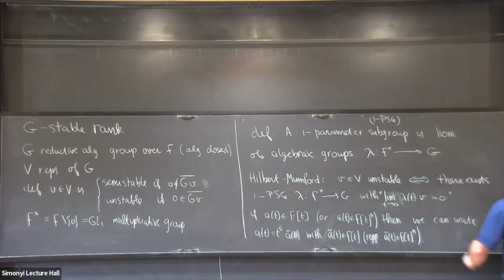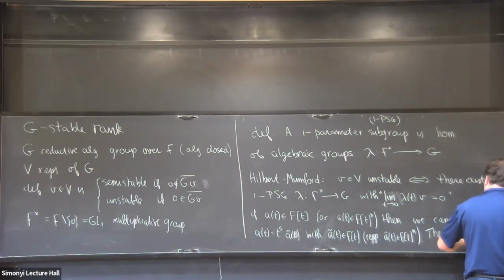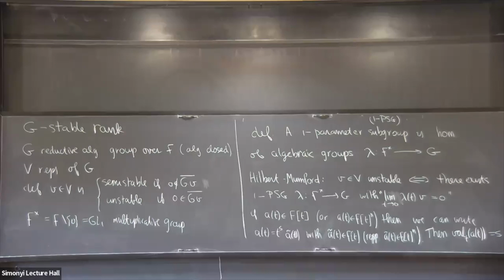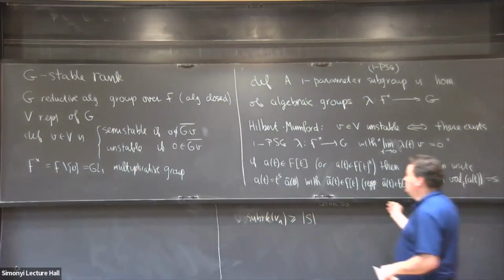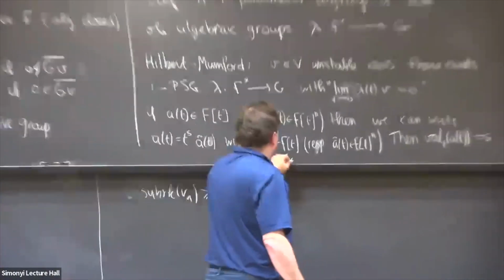Then the t valuation of a(t) is s. Okay, so that's just a definition.